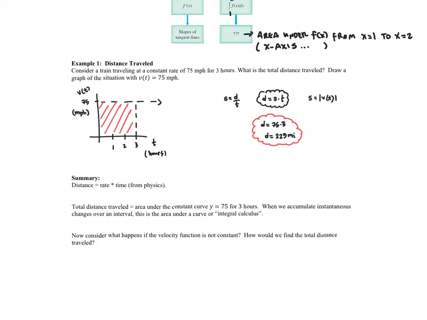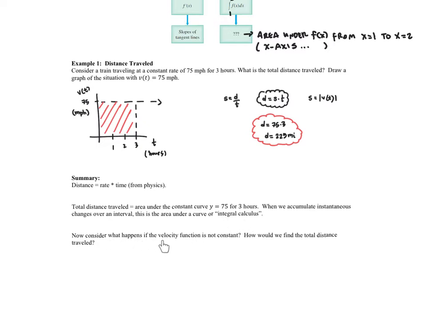That's nice and easy to do when v of t is linear, but the problem arises when v of t is nonlinear. So total distance is equal to the area under the curve, which is 75 for 3 hours. When we accumulate instantaneous changes over an interval, this is the area under the curve, what we'd call integral calculus.